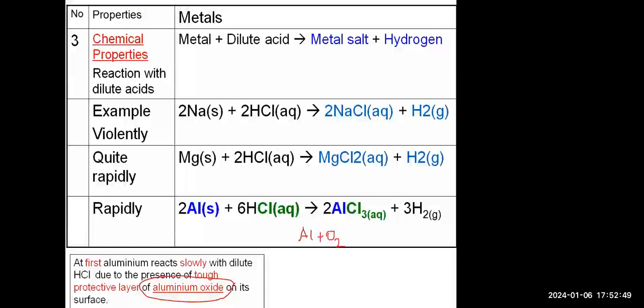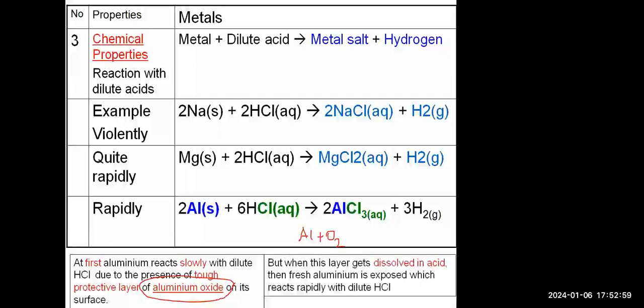So this layer of aluminium oxide acts as a barrier. So the first thing that happens when you put aluminium in acid is this layer dissolves. After this layer dissolves, the aluminium gets exposed and it starts reacting with the acids. Then you will see a vigorous reaction, a rapid reaction rather, taking place.